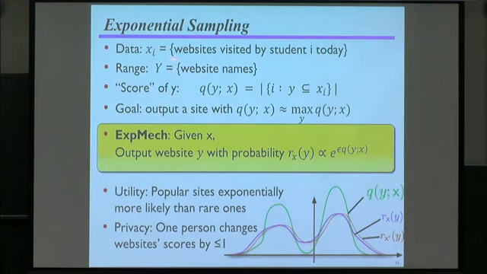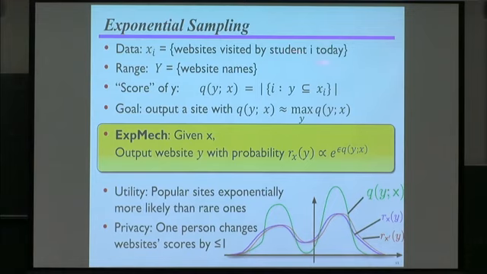Now there's a range of things I care about, which are website names. Suppose the thing I really want to know is the name of the most frequently visited website, or frequently visited websites. Or maybe, in general, I might be interested in the 50 most frequently visited websites or something like that.